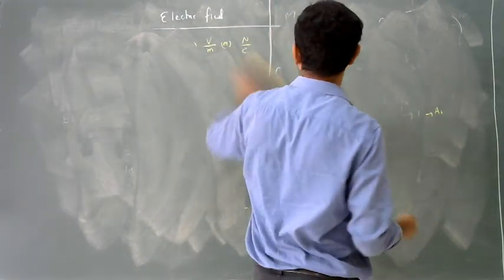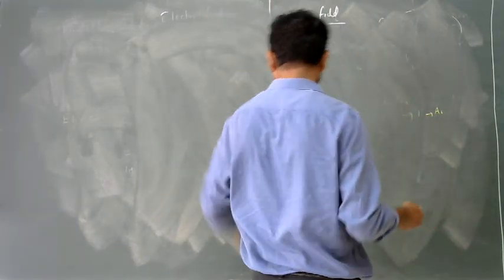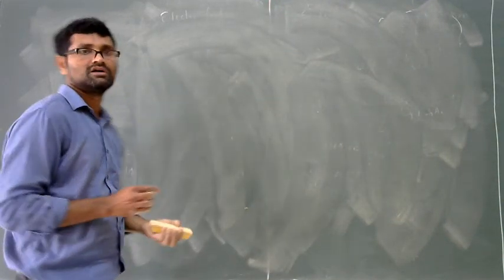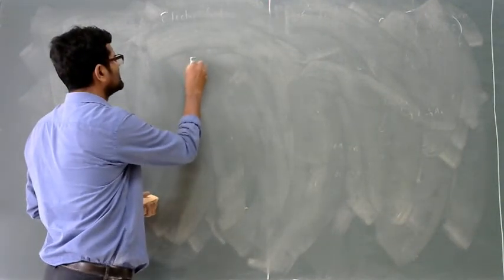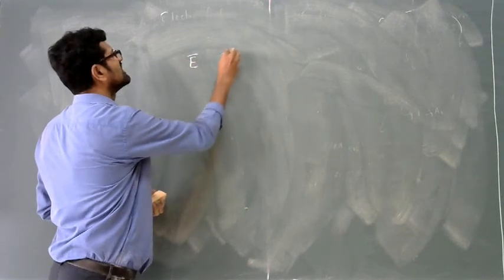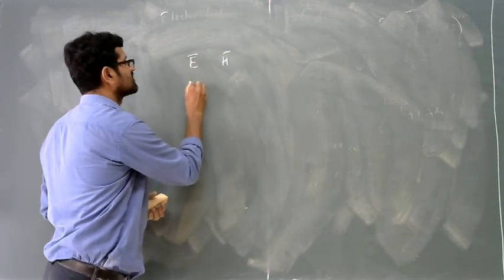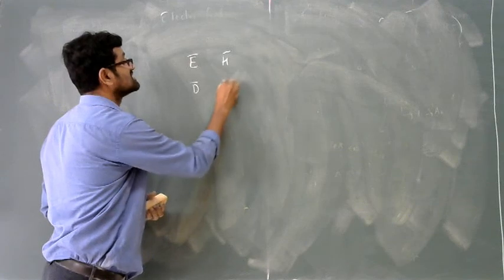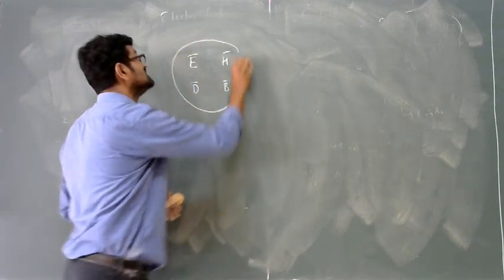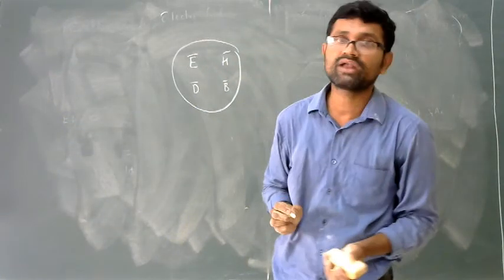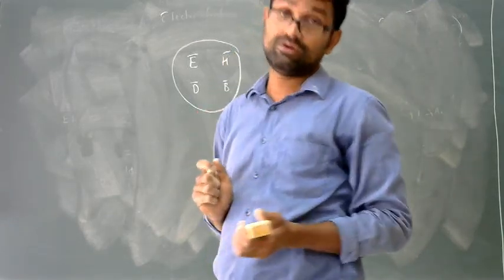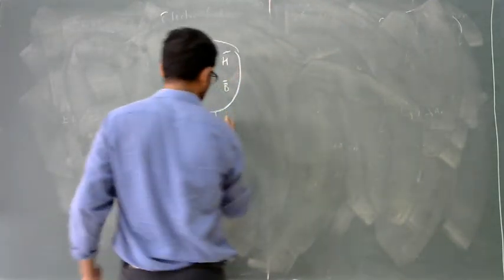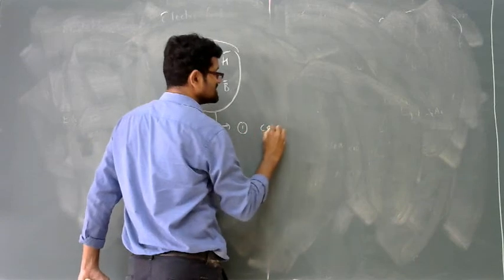Now, the electromagnetic model deals with only 4 concepts: electric field intensity, magnetic field intensity, electric flux density, and magnetic flux density.